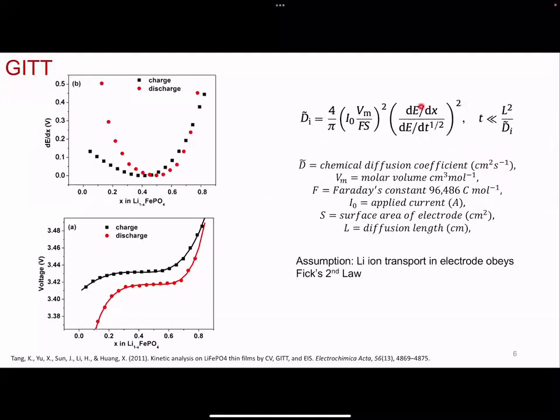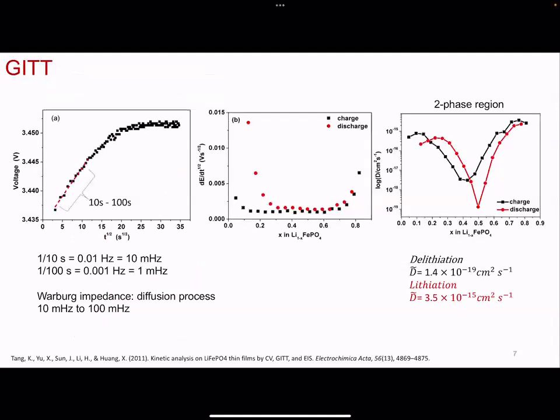You have dE/dx, you have dE over square root of time, and all of this is just numbers that you can plug in based on how you prepared your electrode. So you could do that and you can get this funky looking plot that you see here.